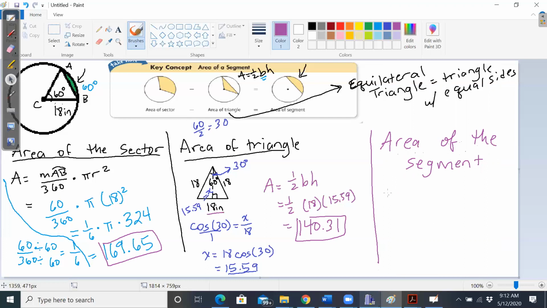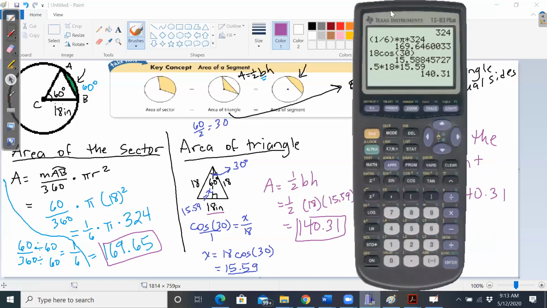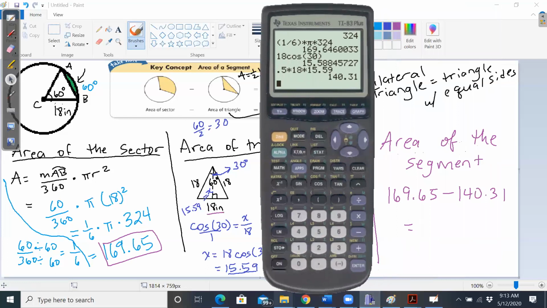I'm going to subtract the sector area, 169.65, minus 140.31, and I'm going to get 29.34.